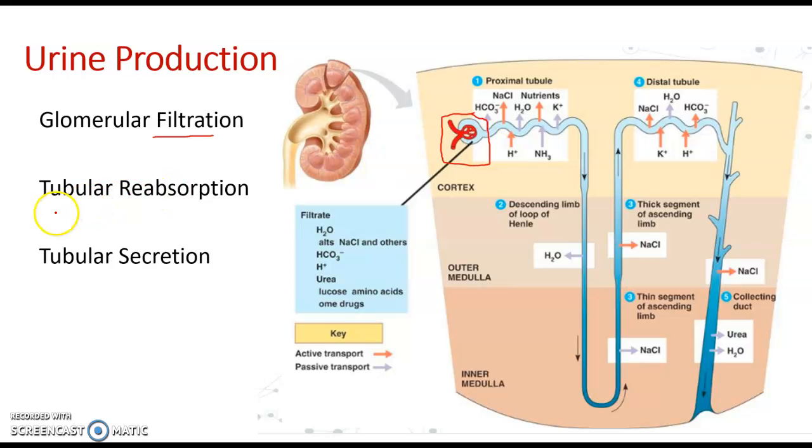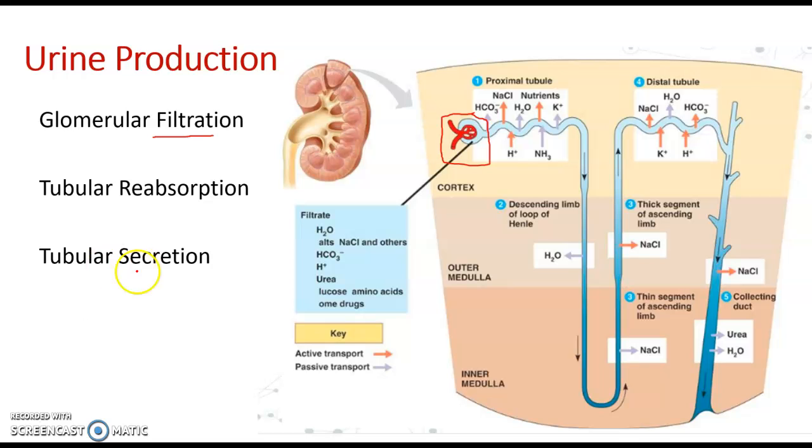But tubular reabsorption and tubular secretion, those next 2 steps, can actually happen at any point along the filtrate's journey through the rest of the tubule. So you can think of those as things that occur, but not necessarily step 1, step 2, step 3.